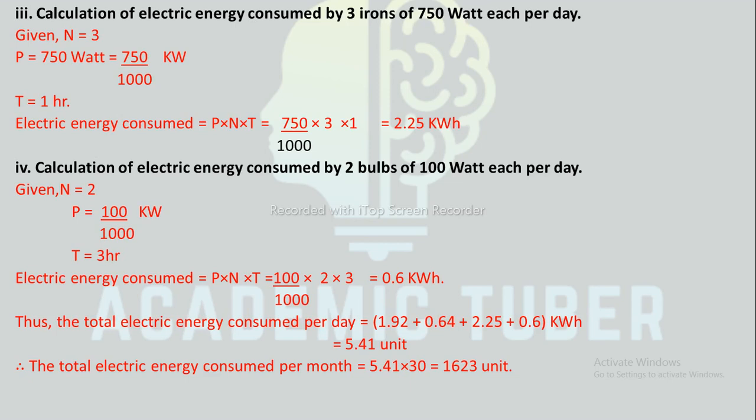On average we consider 30 days in 1 month. Therefore we multiply 5.41 with 30 and we get 1623 units. Therefore the cost of electricity equals 1623 into 7, which equals 11,361.